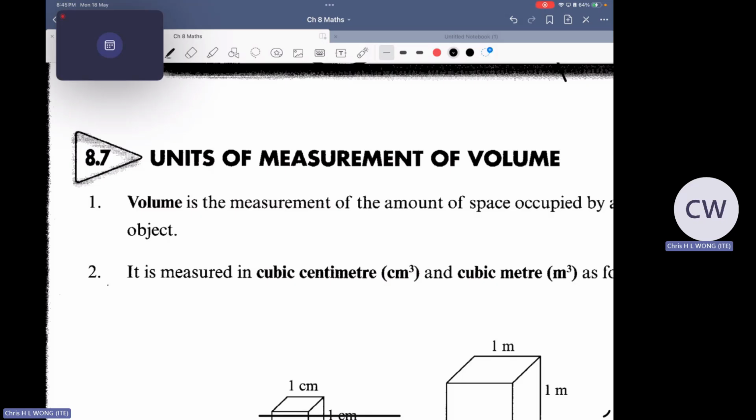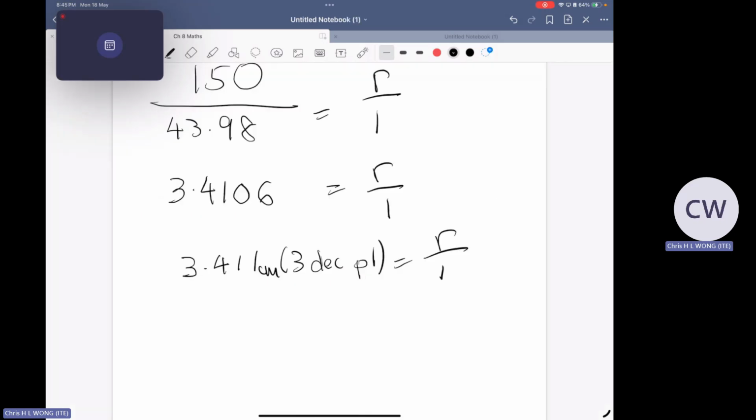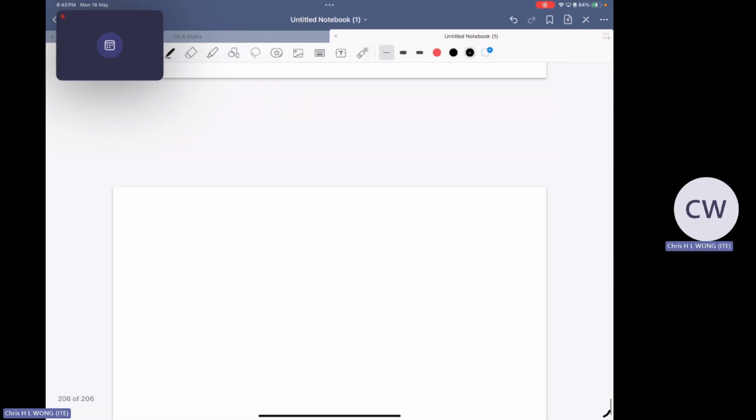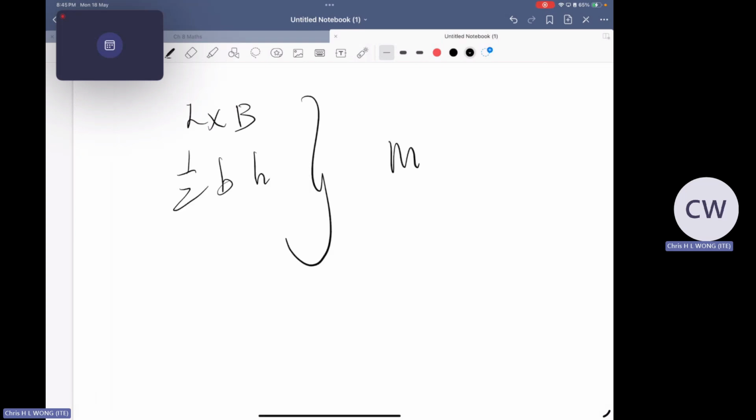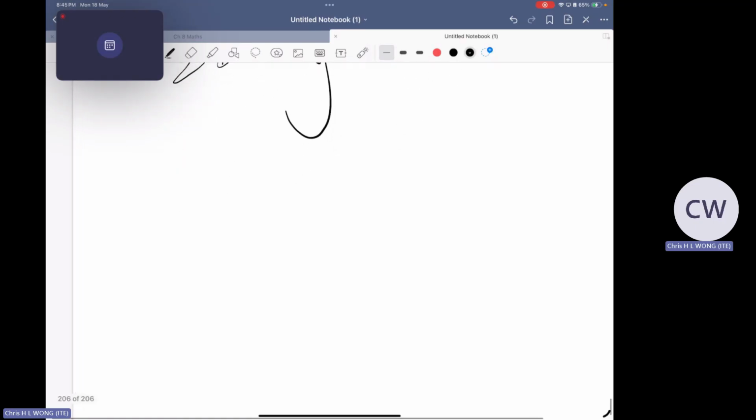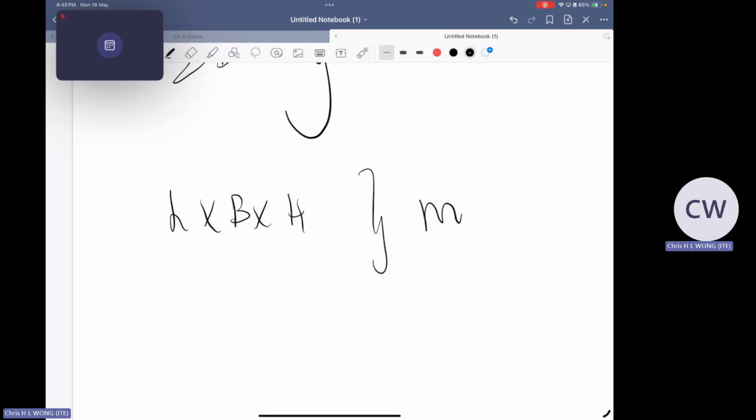For area, it's always length times breadth, or half base times height. Area is always meter square. Volume has a depth, so it's always length times breadth times height. Volume is always meter cube, always a 3.